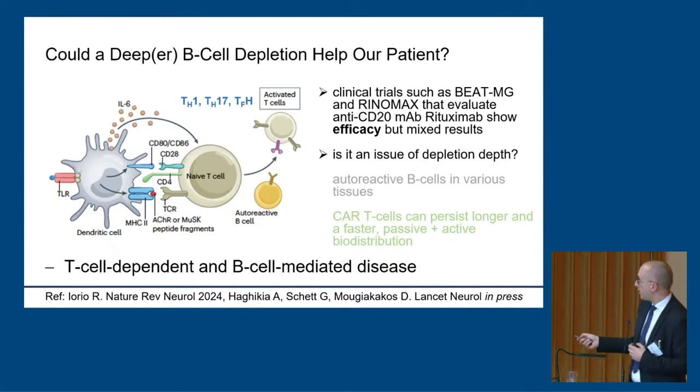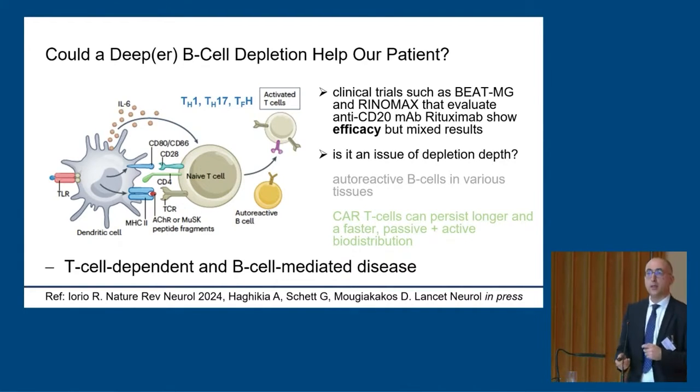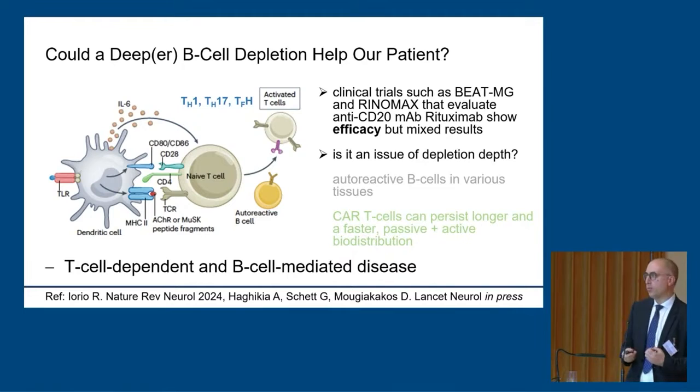So what you can appreciate here is, of course, the autoreactive B cells that at the end will produce probably the pathogenic antibody, but on the other hand, you have also T cells, especially T helper cells that produce interferon gamma, IL-17, or trigger via the CD40 signaling axis and activate the autoreactive B cells. And on the other hand, this goes the other way around. You have the B cells that can secrete cytokines, that can present autoantigens, so they can act as APCs. So this goes both ways.